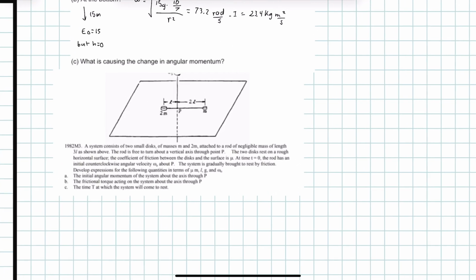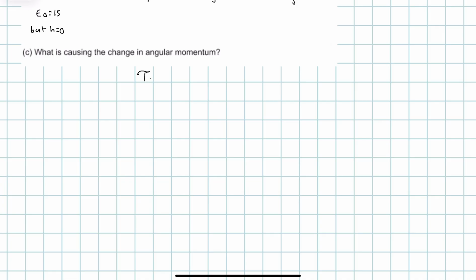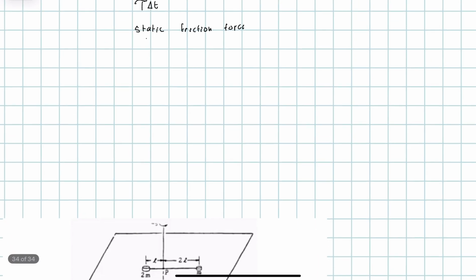Now what is causing the change in the angular momentum? Let's actually move this down. So we know that the angular impulse is equal to tau times delta t, right? And this is going to be the static friction force. We're rolling down, but that's the only thing causing a torque, and that causes angular impulse.